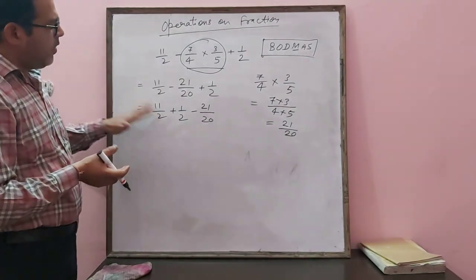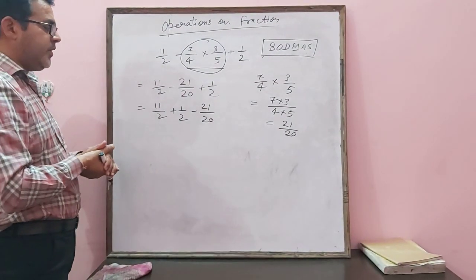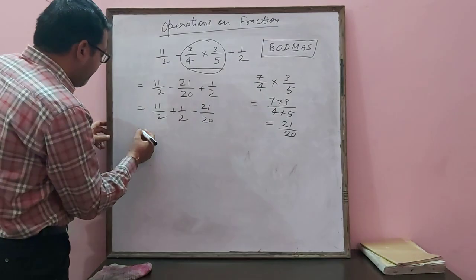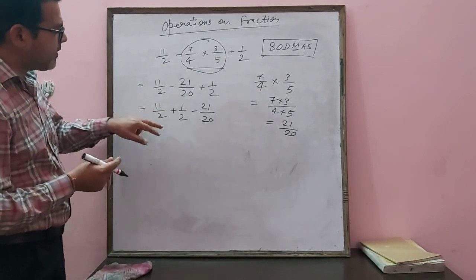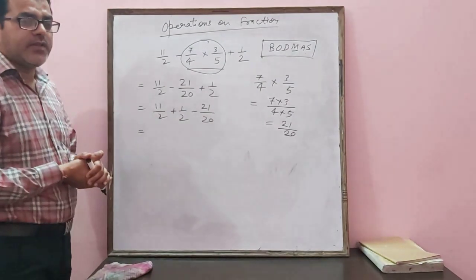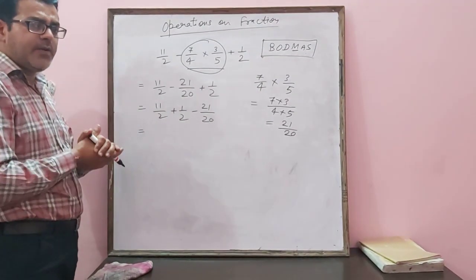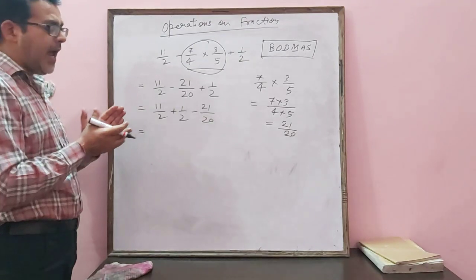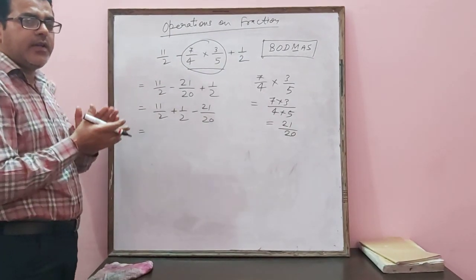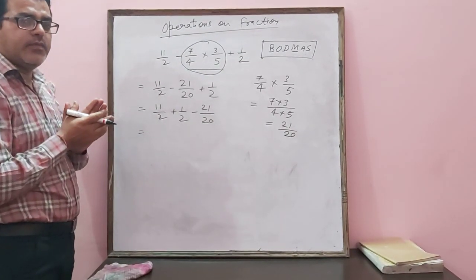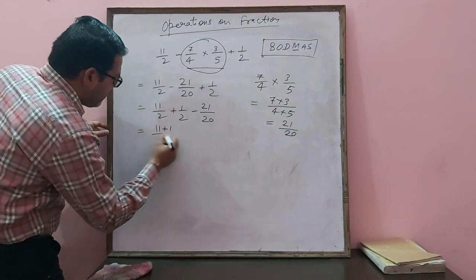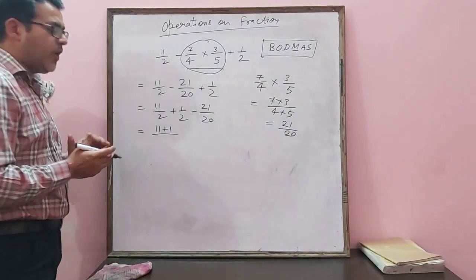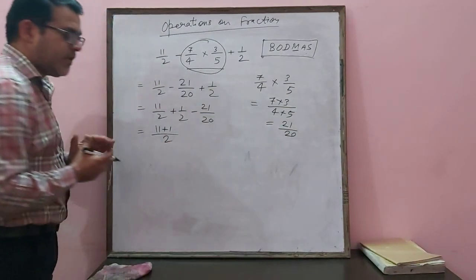Now we have to solve it. You can see here 11 by 2 and 1 by 2, the denominators are the same. It means these are like fractions, and the rule of like fractions says that we can add them without taking their LCM. So how can we add? We can just add 11 with 1 together and write 2 as the common denominator.